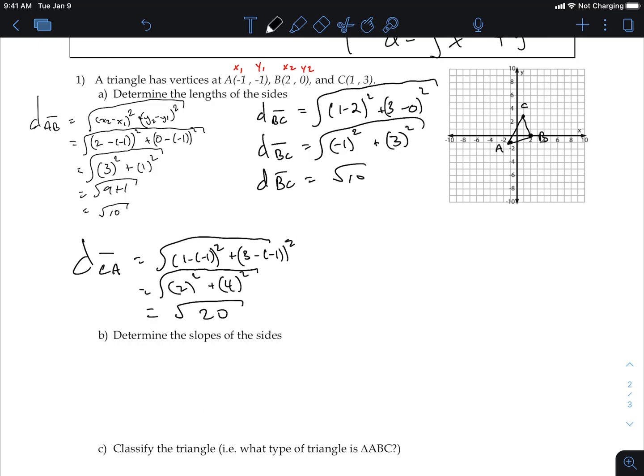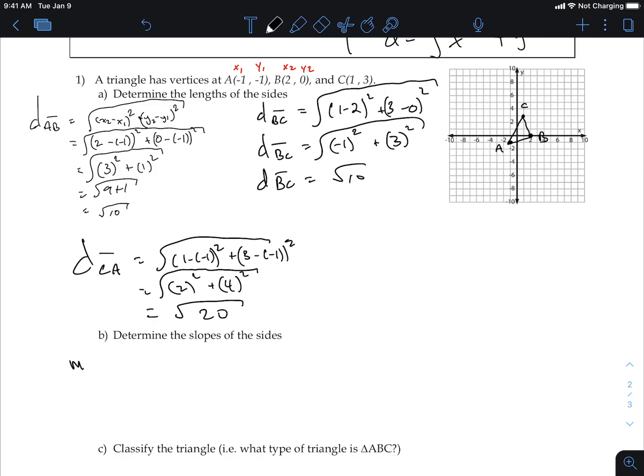We did a lesson this morning about the way that lines intersect, or how they're related, if they're parallel or perpendicular. How does that relate to triangles? I think we're going to see something cool happen in this particular question. So, let's determine the slopes of these things.